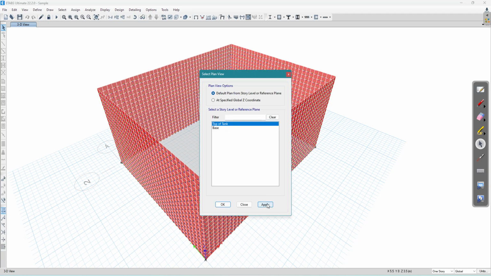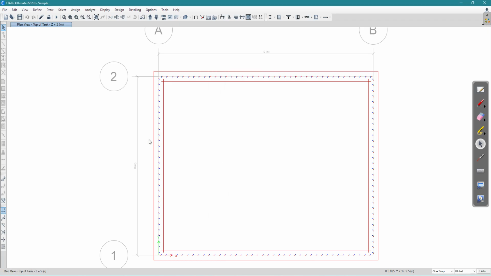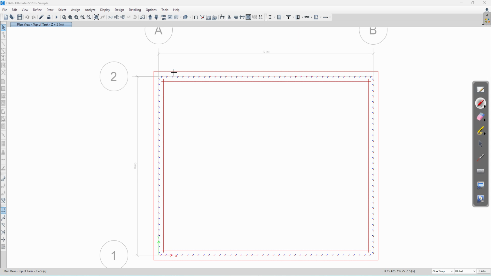So if you go to top of tank, this is horizontal bending, M11. Vertical bending you can't see here.